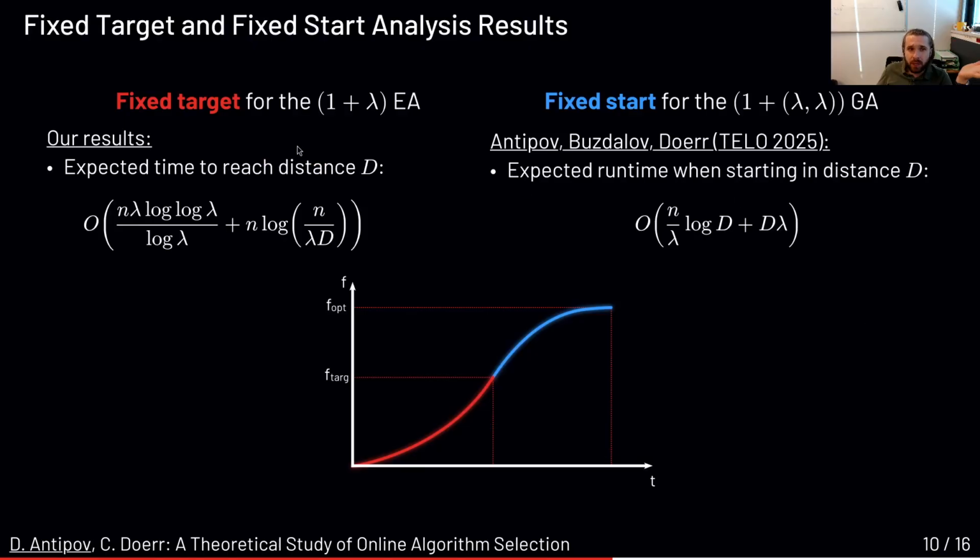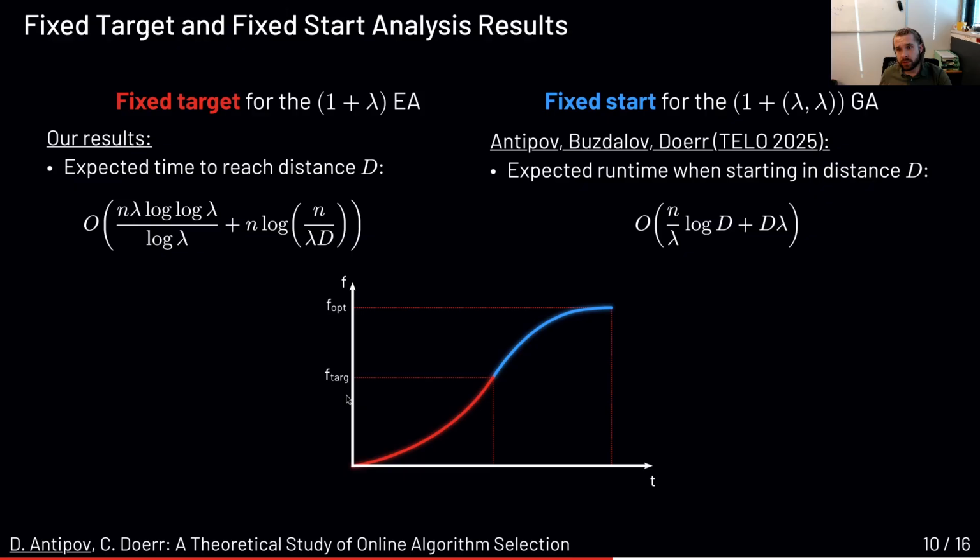So in this paper we delivered the first fixed target results for the (1+λ) EA on OneMax. We showed that to reach distance d with the (1+λ) EA, we need about nλ log λ divided by log λ fitness evaluations, and I just note that it's a very rough estimate, and most probably it can be improved, especially for the distances that are closer to n/2, but this simple bound was enough for the result which we got in this paper.